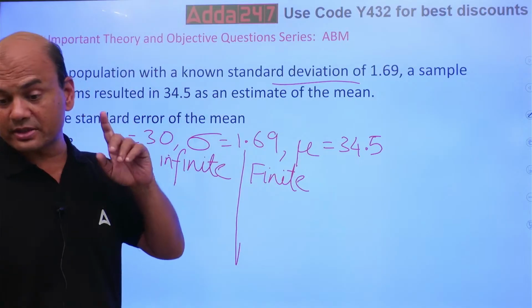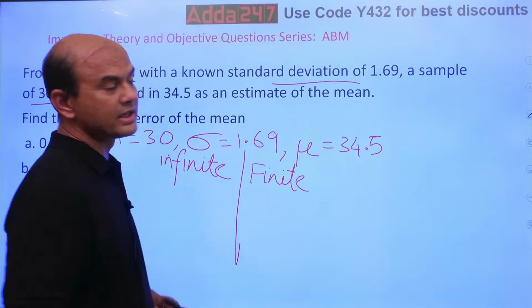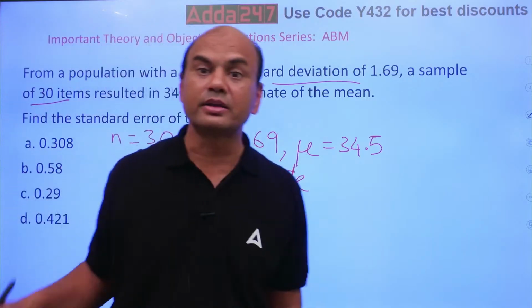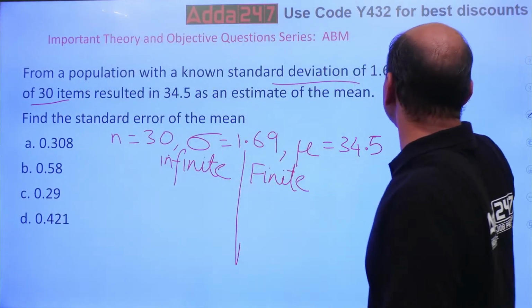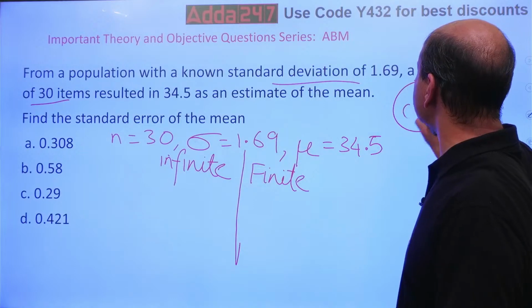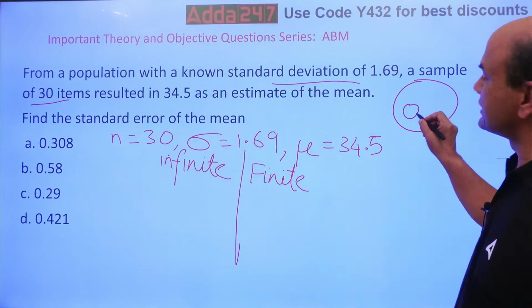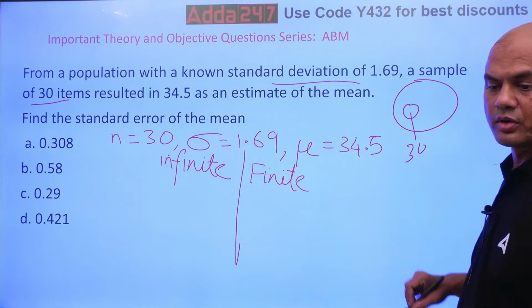Kindly note, there are 2 terms over here. One is population, second is sample. 30 you will say, sir, 30 we know, but 30 is sample. This is a full population, city, and this is a sample. You know 30. Do you know this?